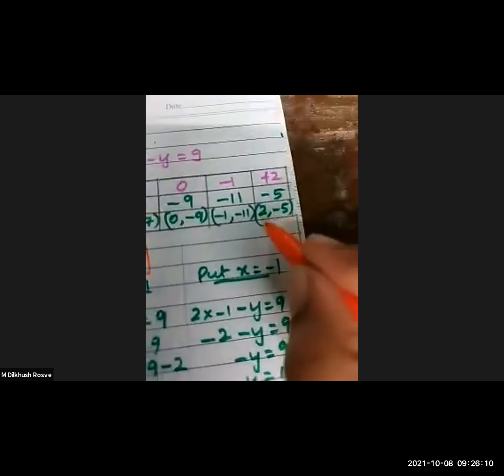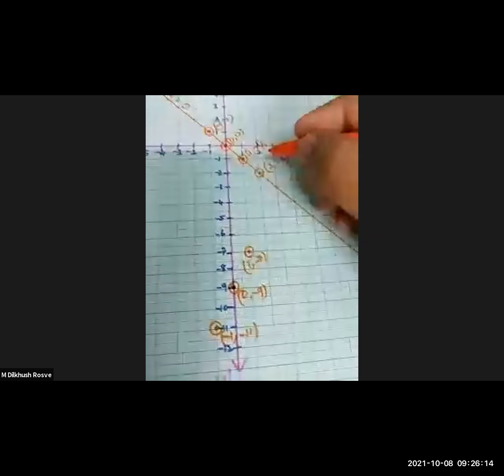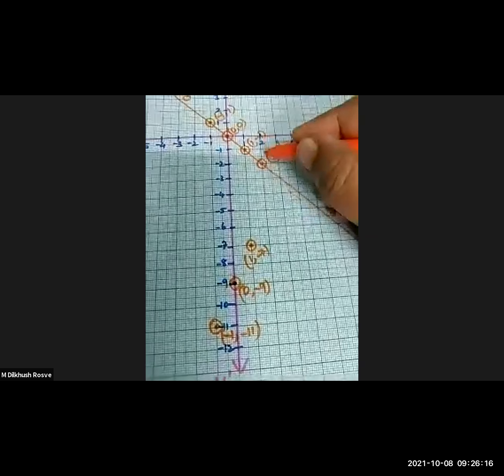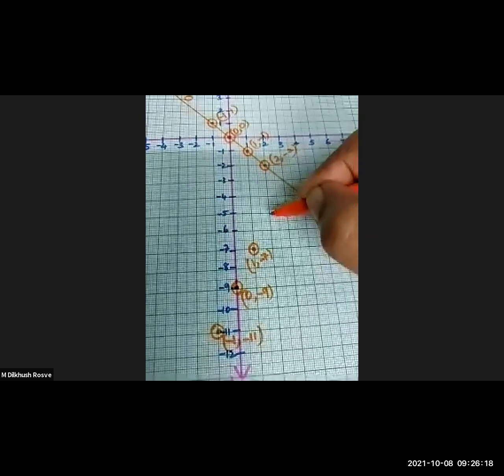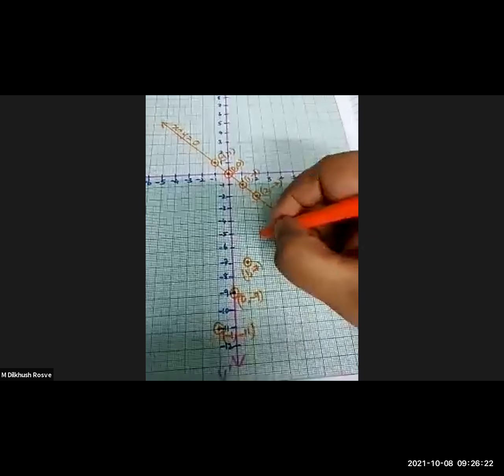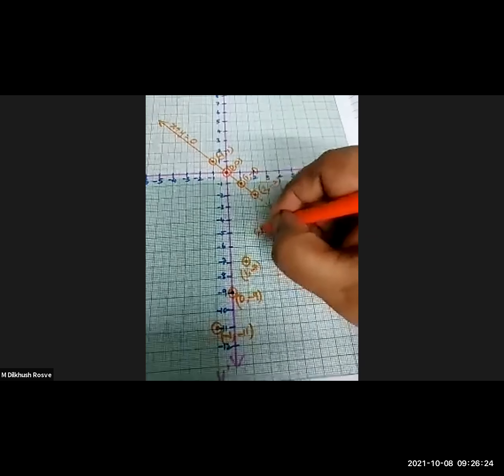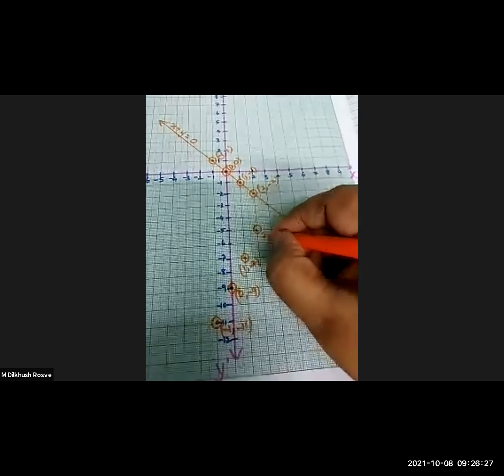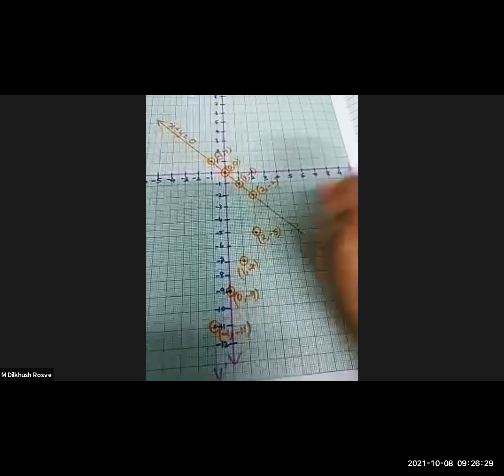And the next one, see, it is 2 comma minus 5. So where is 2? Here it is 2. Minus 5, where does it come? Yeah, it comes over here. So 2 comma minus 5. Is it clear, children?